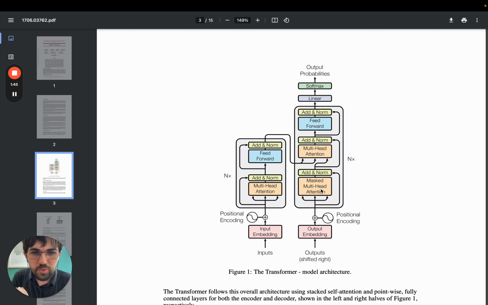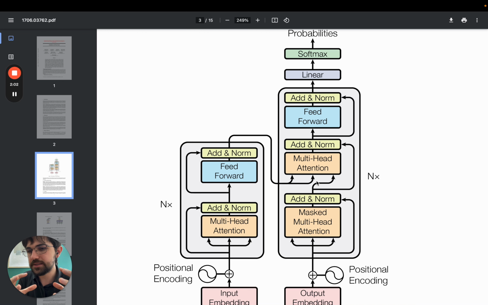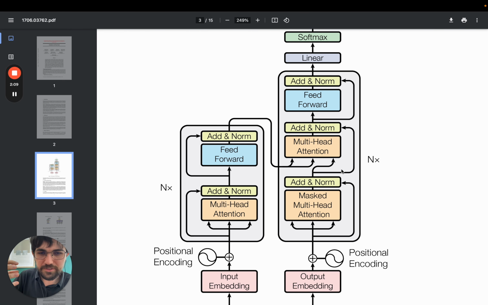The goal is always predicting the next word in the translated sentence. This is the core mechanism, in which it compares the memory from the original sentence with the self-attention that we have here, with those embeddings from the sentence that we are trying to translate.